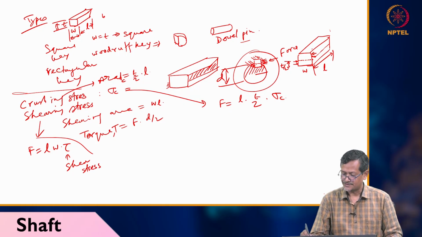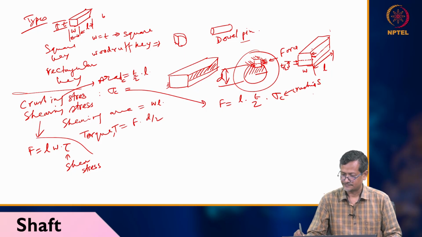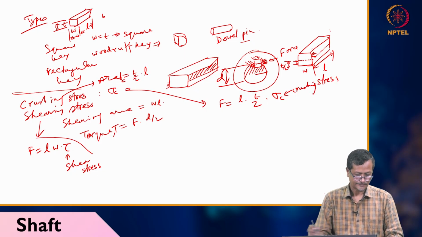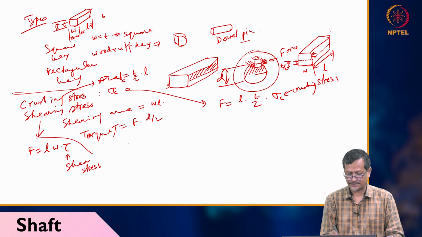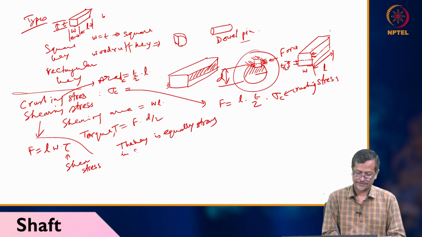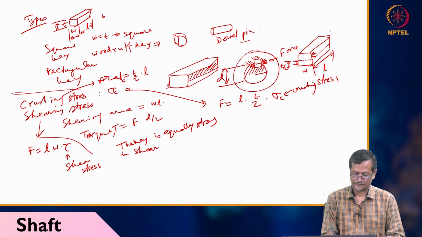Now we are assuming the key is equally strong in shearing and crushing. So that means L W tau D by 2.